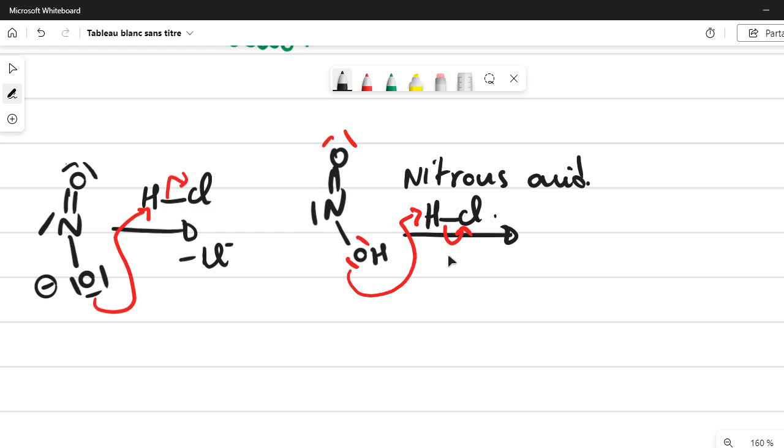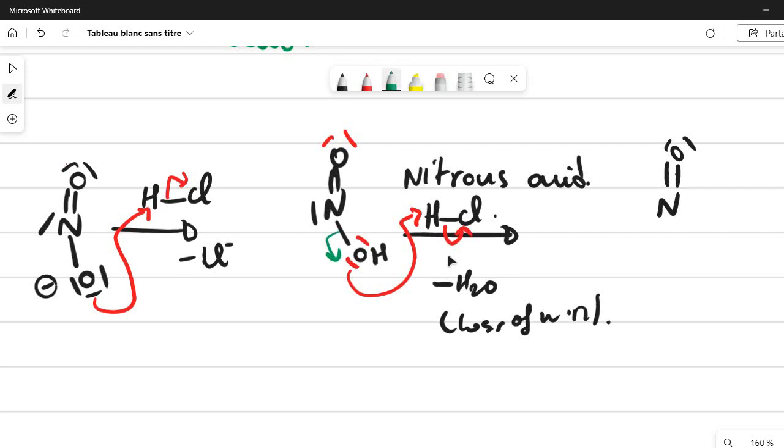So we lose a water molecule. Here we are forming NO, and then a water molecule, OH2 plus, is going to be lost, okay? So this is the nitrosonium, okay?